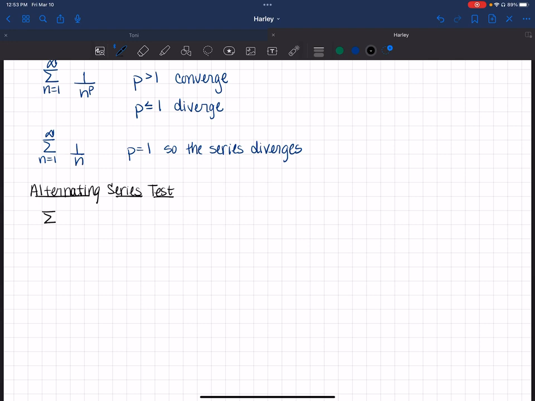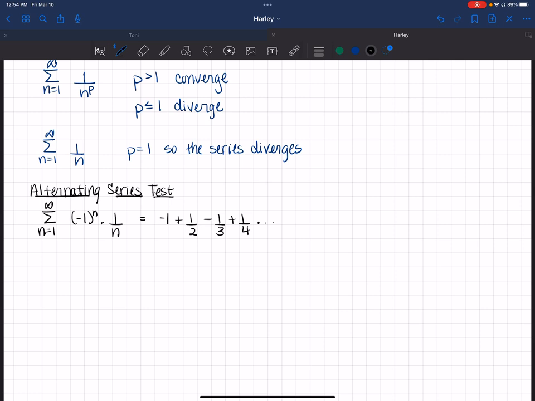If we have the summation of n equals 1 to infinity of -1 to the n times 1 over n, and we were to input the numbers, we would wind up getting -1, then plus 1/2, minus 1/3, plus 1/4, and so forth. That's an alternating series because the sign alternates between positive and negative.